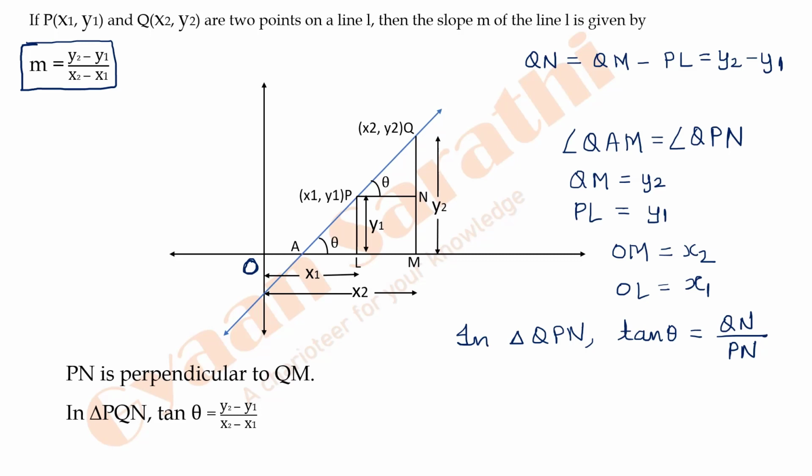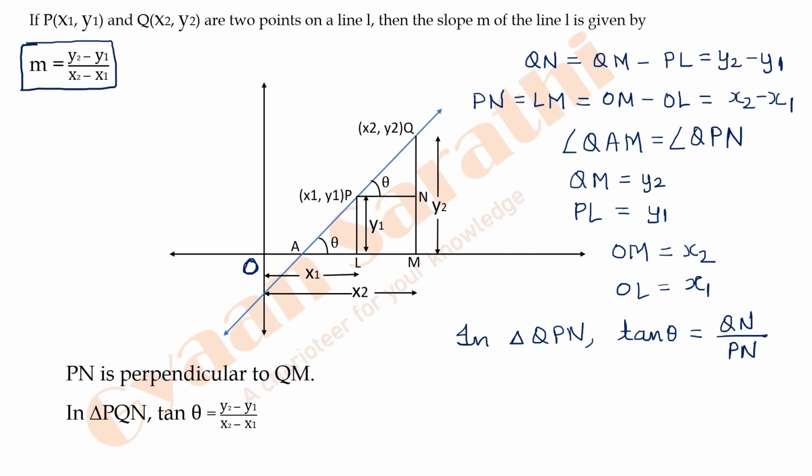Now I need to find PN. So PN, I can write it as LM. PN is equal to LM, which is equal to OM minus OL, and this is equal to x2 minus x1.